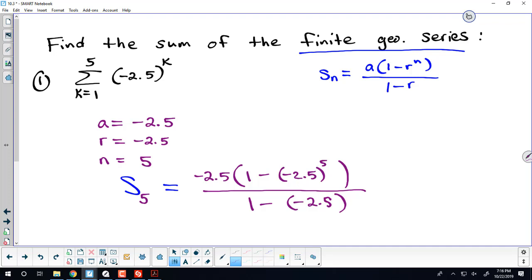Okay, so that's approximately negative 70.469. So that's the fifth partial sum, or the result of adding the first 5 terms of that series.